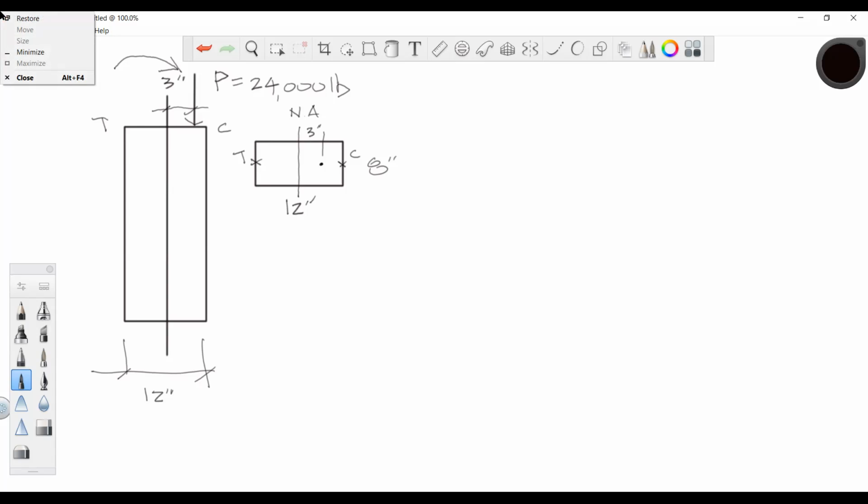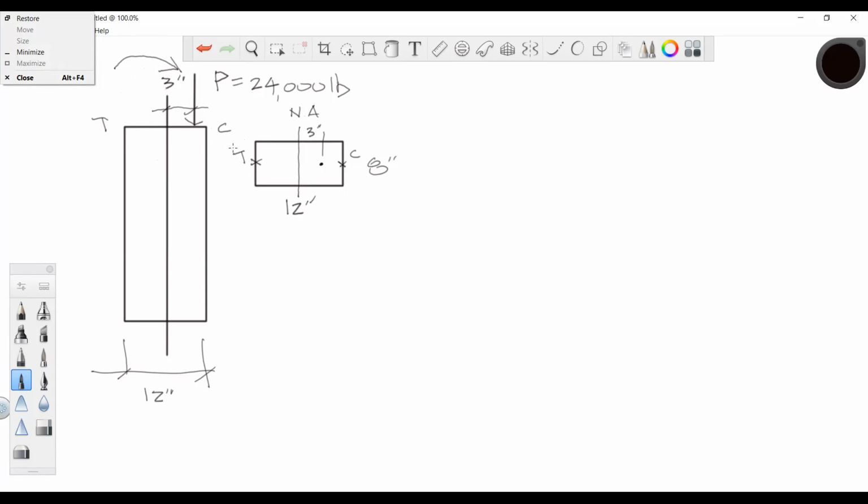If there's a moment happening here, it's tending to pull up this way and push this way. So the moment is a clockwise moment. It's putting that edge in tension, and this edge is in compression. Do you guys see that?